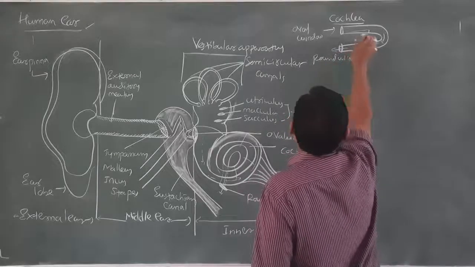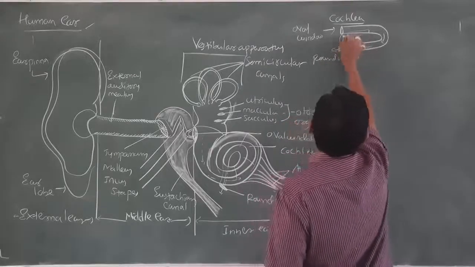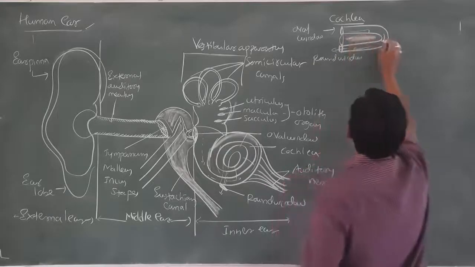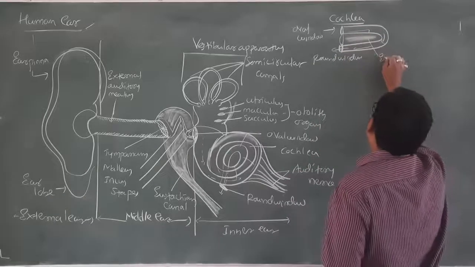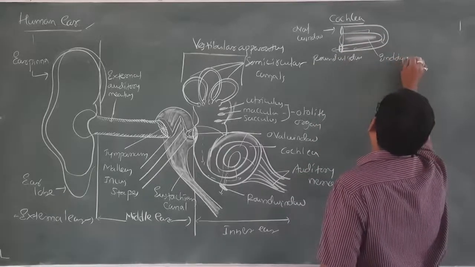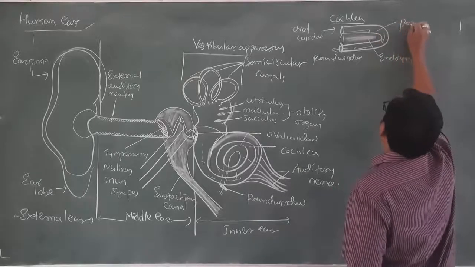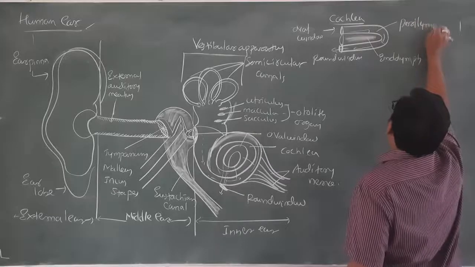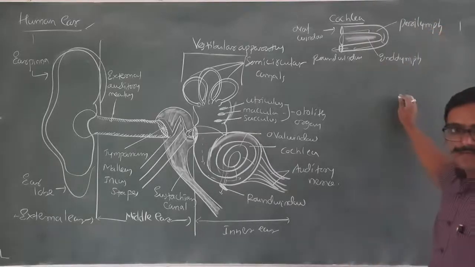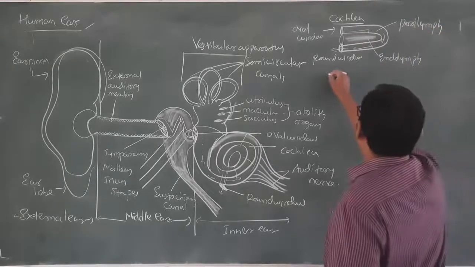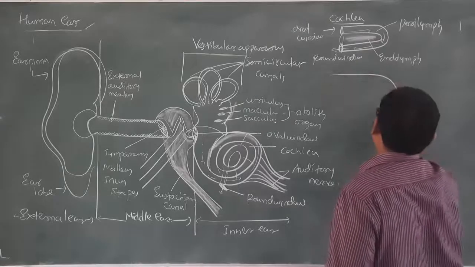In the cochlea there is also a fluid. This fluid is called endolymph, and here the fluid is perilymph. In a much more elaborated way, it can appear like this.